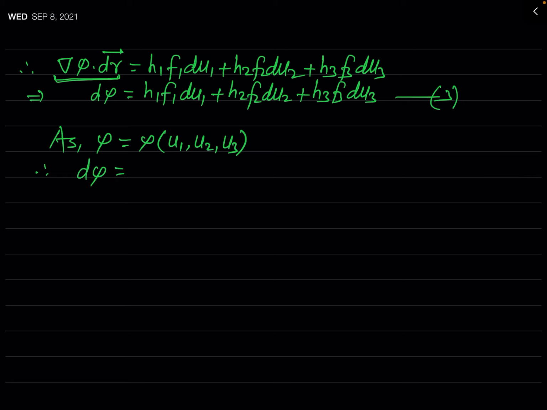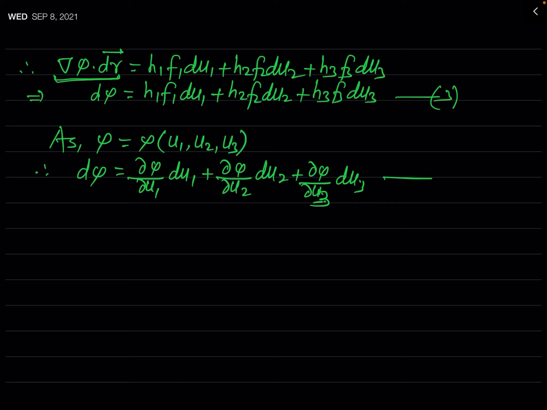We will again follow the rule of partial differentiation, and you can see this will be ∂φ/∂u1 du1 plus ∂φ/∂u2 du2 plus ∂φ/∂u3 du3, and say this is equation 4.